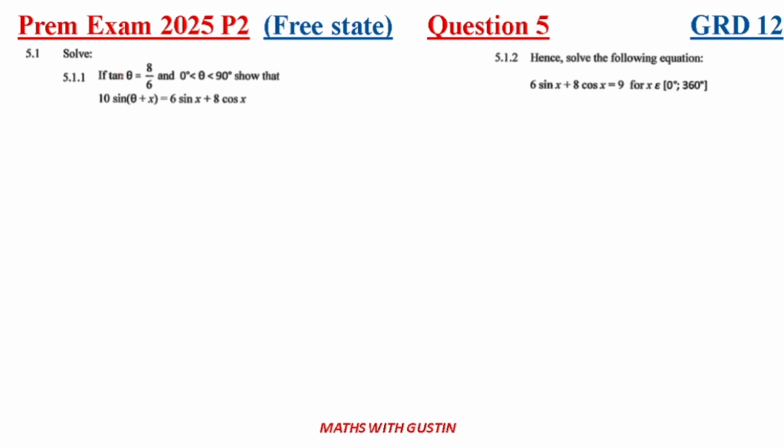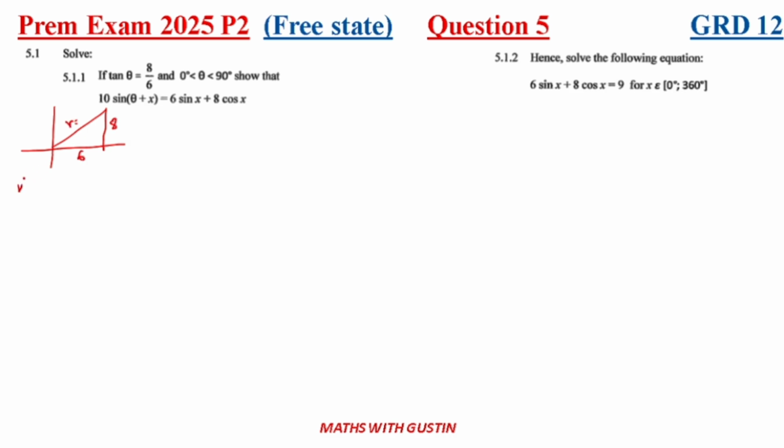5.1.1 says that if tan theta is equal to 8 over 6 and theta is between 0 and 90, show the following. So in this case, they want us to show this. What we can do here is draw our diagram. It is between 0 and 90, so it's in our first quadrant, and this is opposite and this is adjacent, so we're going to look for r here.